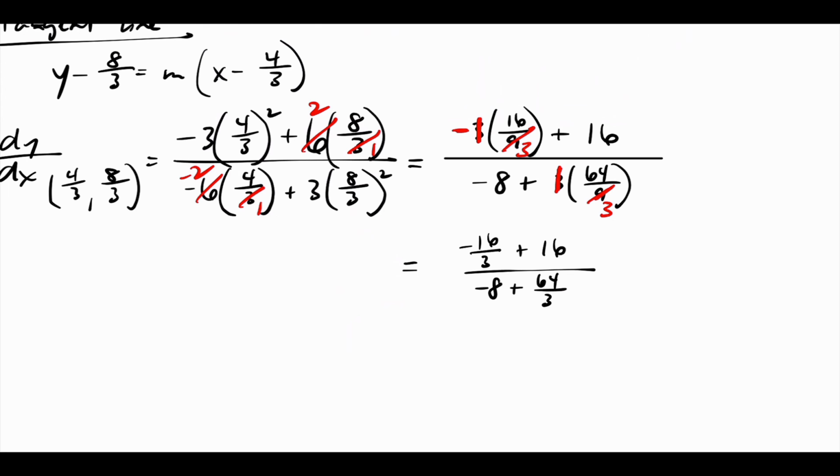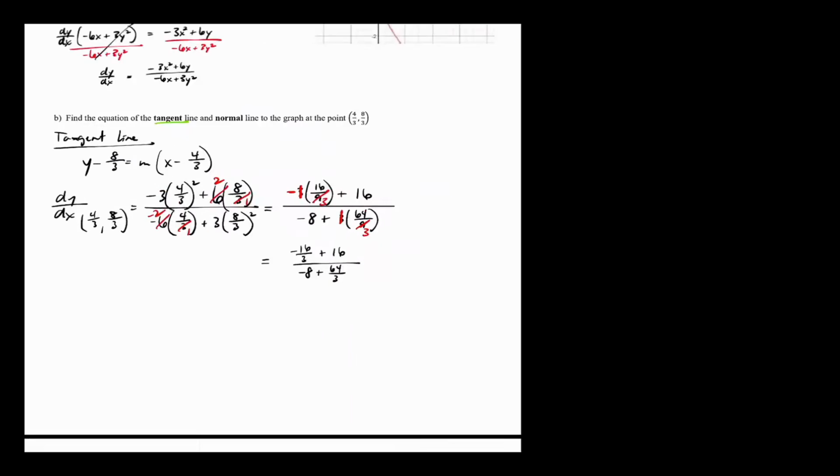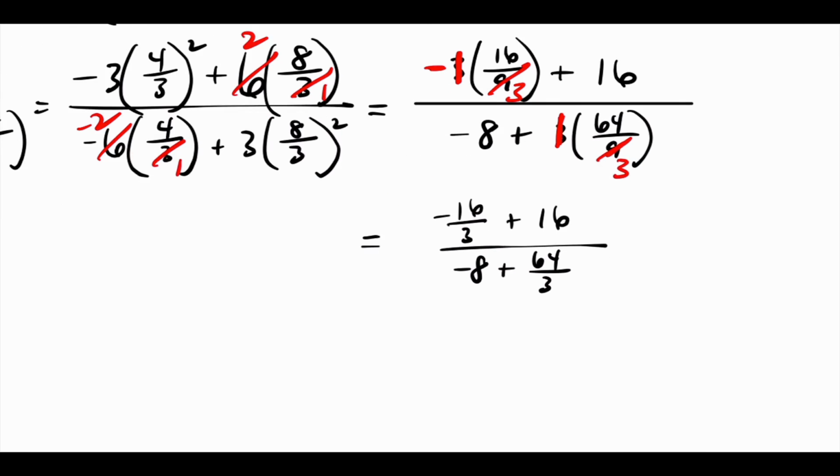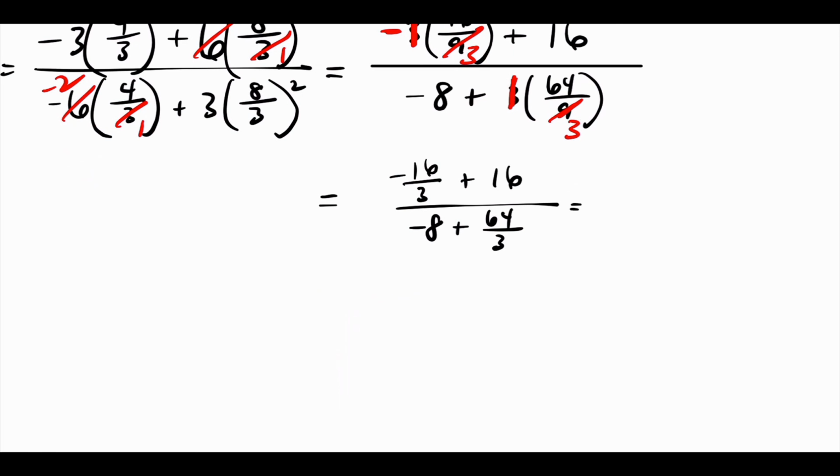Okay, common denominators. The common denominator is going to be 3. So 16 times 3 is 48. So 48/3, 24 thirds.